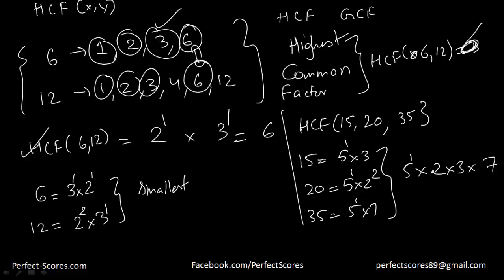Be careful here: the smallest power for 2 is 0, because 2 is not available in all of them. So you need to find the smallest power. The smallest power for 3 is again 0, because 3 is not present here. And the smallest power for 7 is also 0, because 7 is not present here, which means the highest common factor is equal to 5.